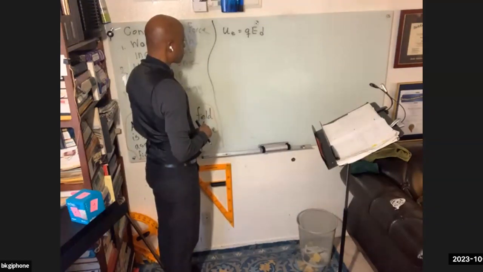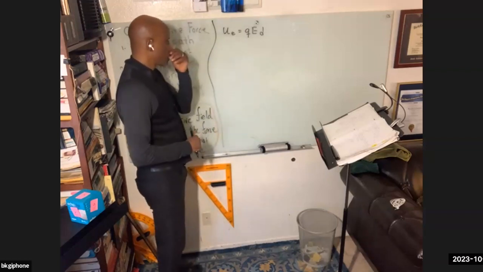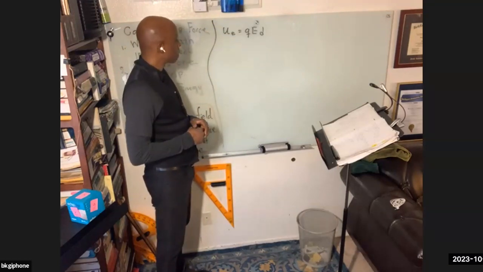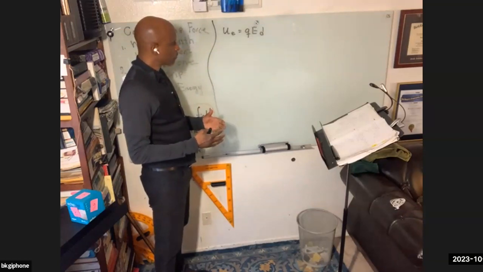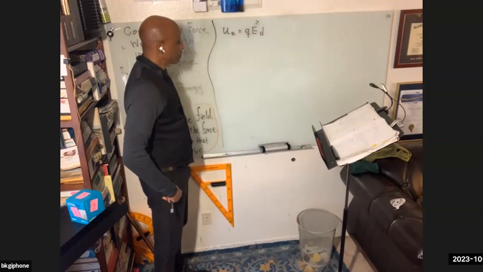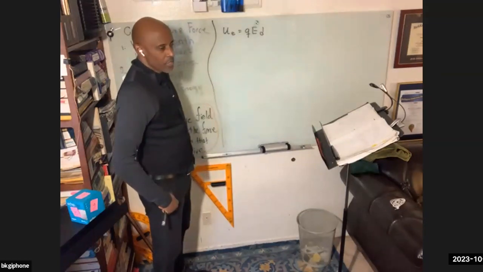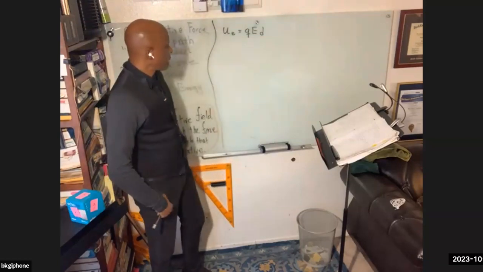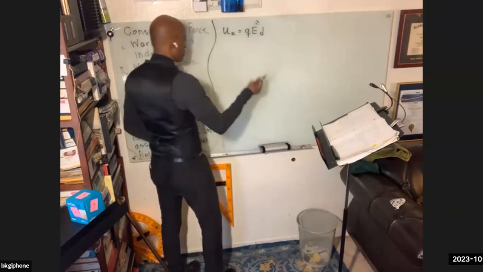So what I want to distinguish here, in order to show the relationship between E and F, the conservative force and conservative field, is that we really need, at this point, to define what electrical potential is. Now, this is electrical potential energy. It has units of joules, it's energy.